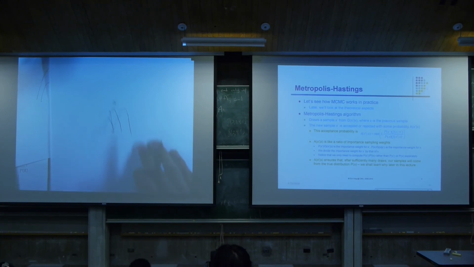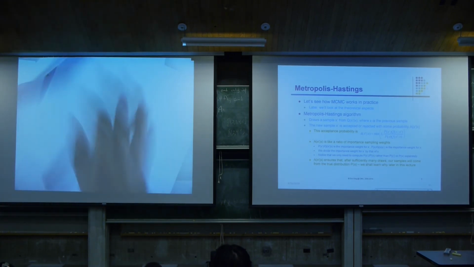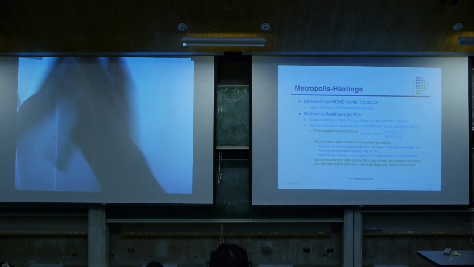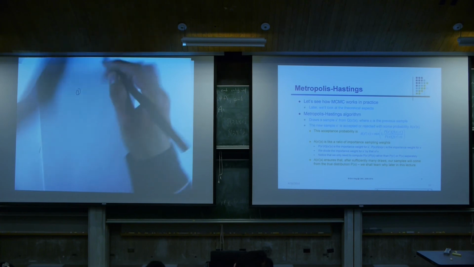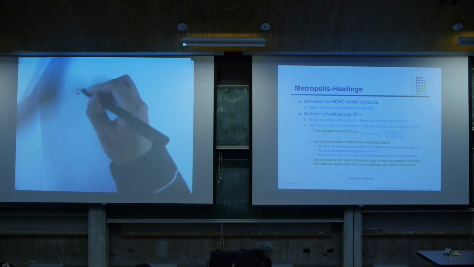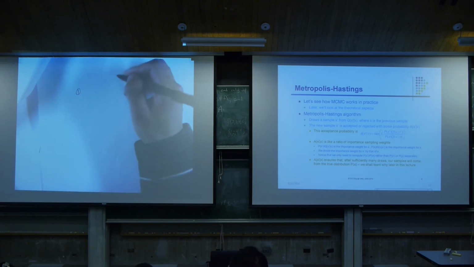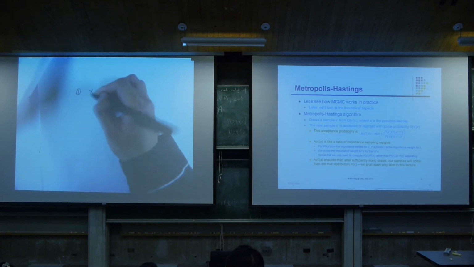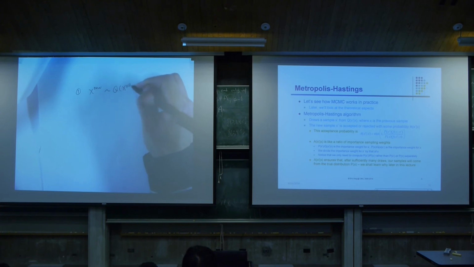So the MH sampling method is also very simple. It has 2 steps. So first, I'm going to generate X new, a new sample from a Q distribution parameterized by X old.